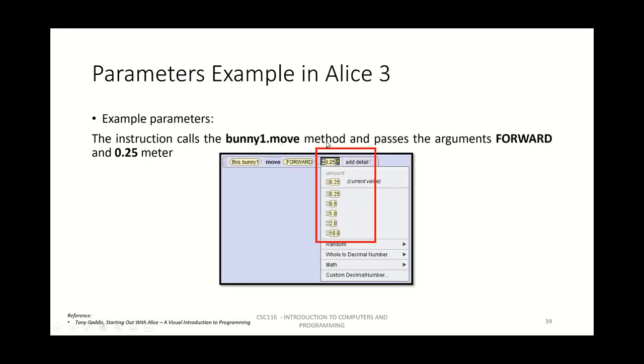So this is an example of a parameter. The instruction calls the move method, and for this move method, you also need the value or the parameter, which has two parameters: forward and 0.25.